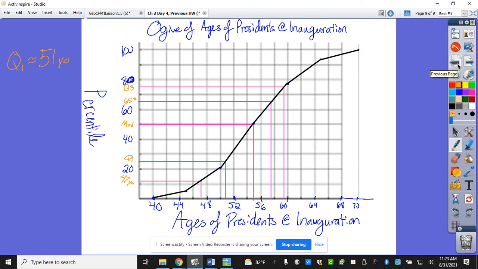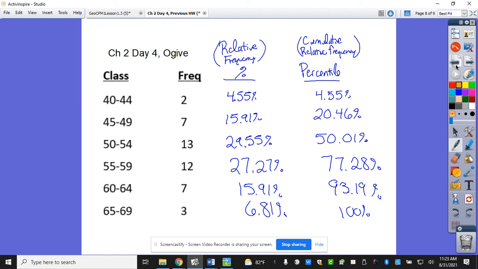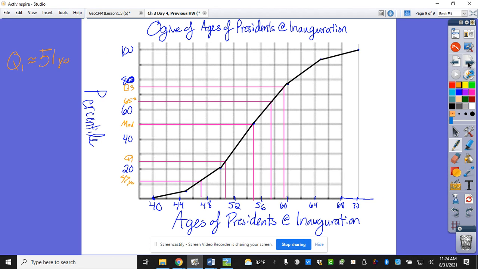Why? This chart told me that at 59, I was already to here. So that would be going backwards if I said 60 was 75%. So Q3 is about what?